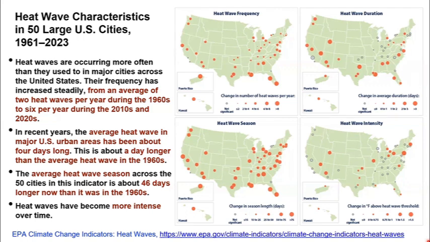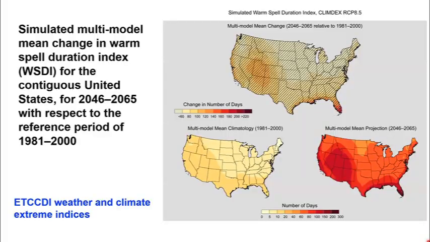Or duration used to be 3 days on average in 1960, and now it's 4 days, 1 day more in general after 2000. And intensity also increased in these cities.